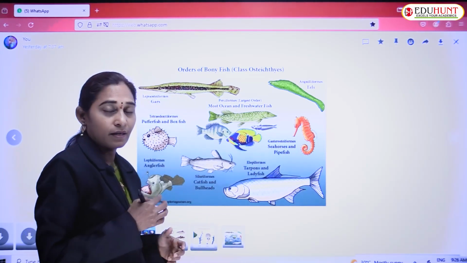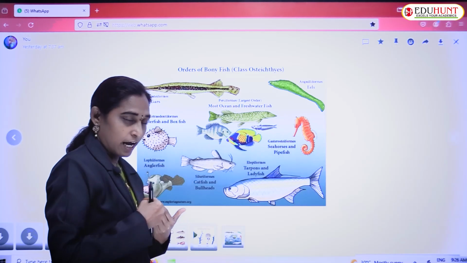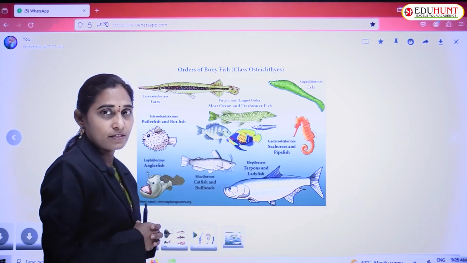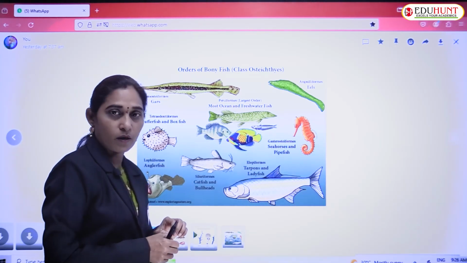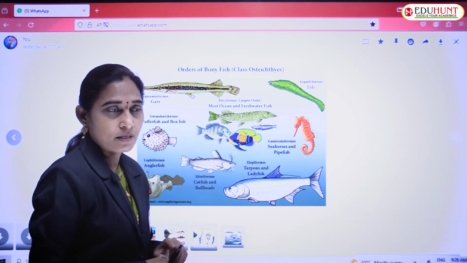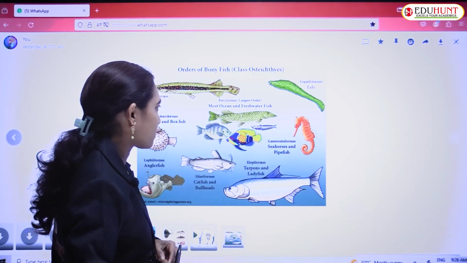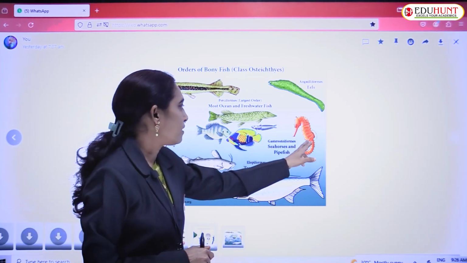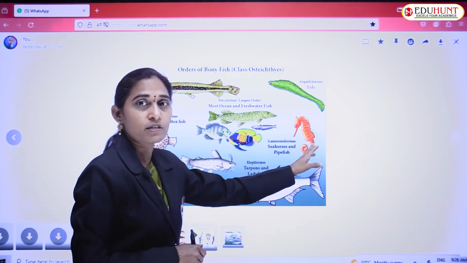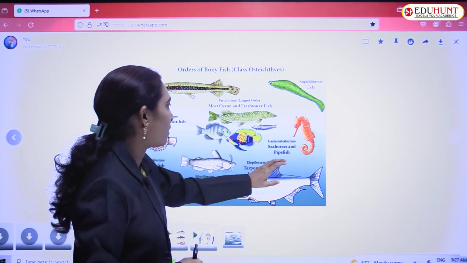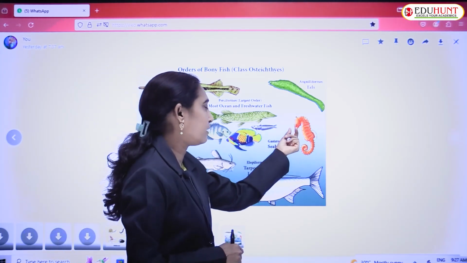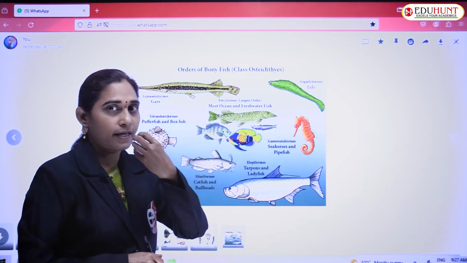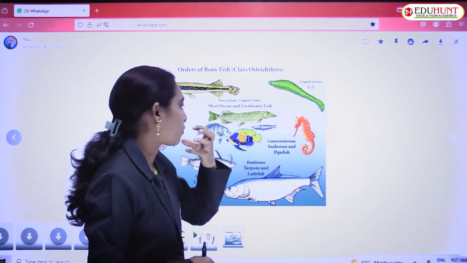In one type of migration, that is from marine to freshwater, they are called catadromous fish. Here it is the hippocampus, commonly called seahorse or pipefish, because the snout is like a protruding pipe.